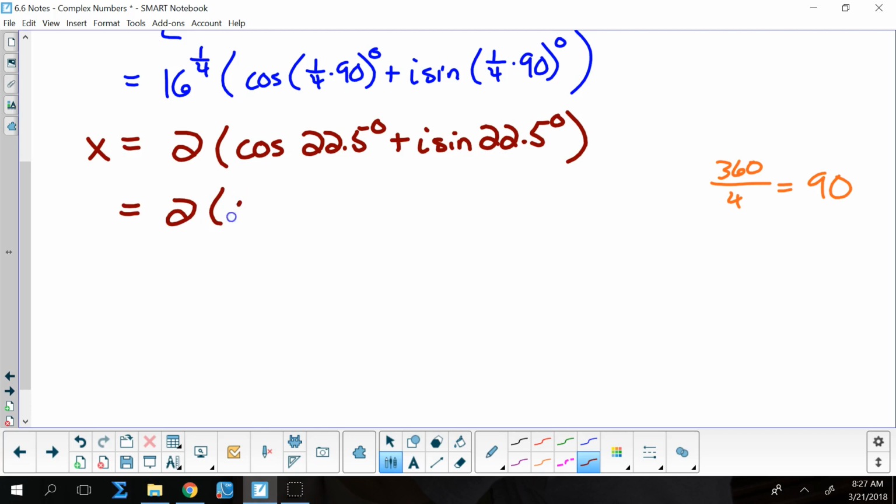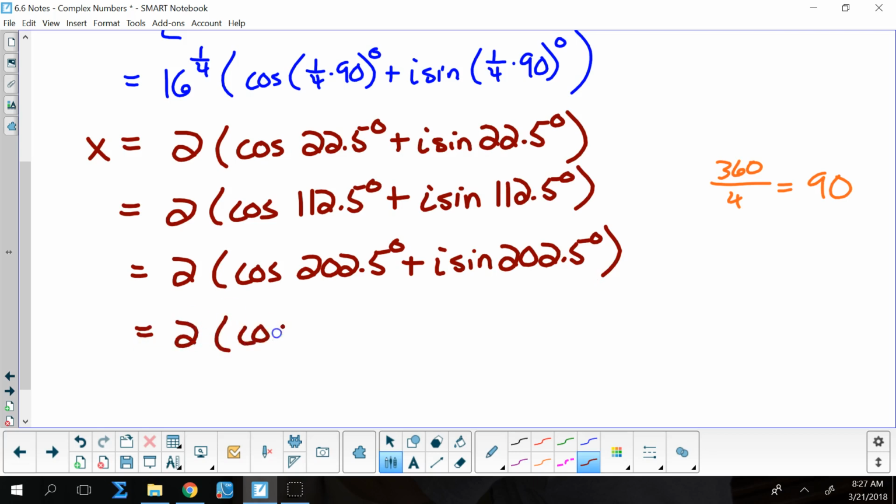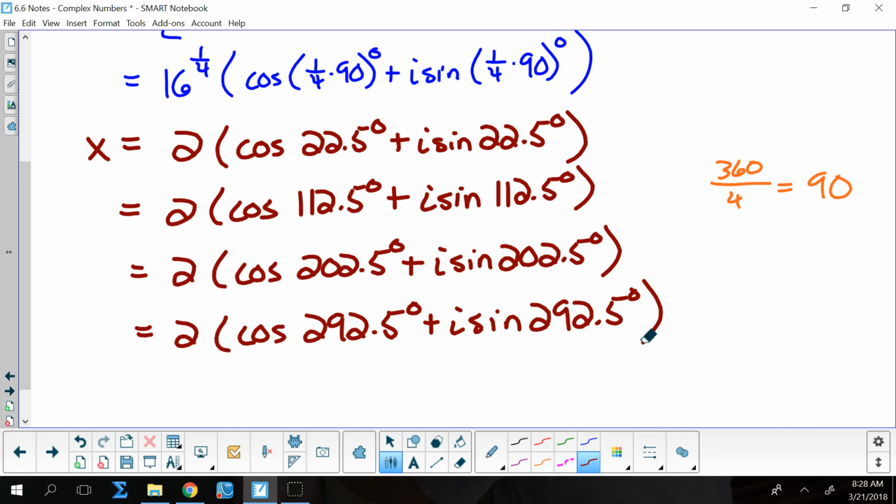That's going to be 2 cosine of 112.5, and then 2 cosine of 202.5, and then 292.5.